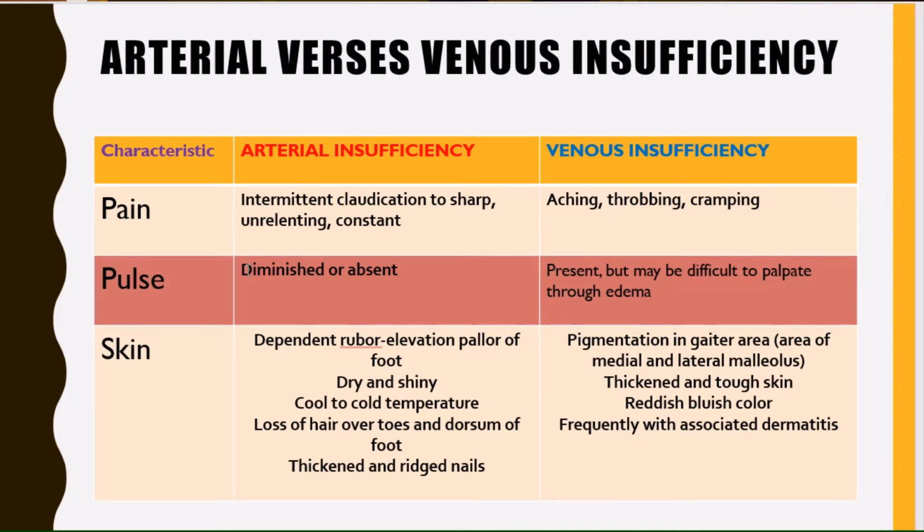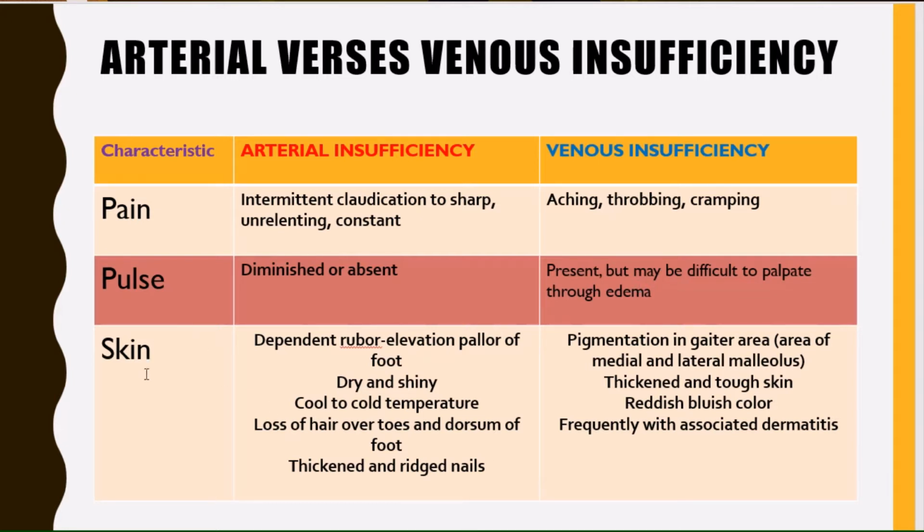If the blood is not flowing to the extremity, then there is no perfusion or circulation, so the pulse will be either diminished or absent, depending on the blood flow. In venous insufficiency there is no problem with blood getting into the extremities. The problem is blood getting back to the heart. So the pulses are present because there is circulation. It may be difficult to palpate because the patients will have swelling or edema of that extremity.